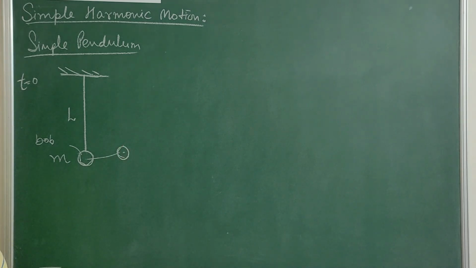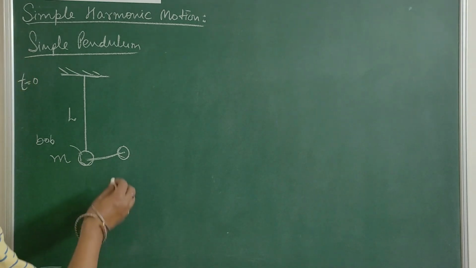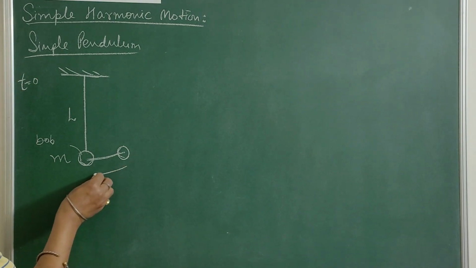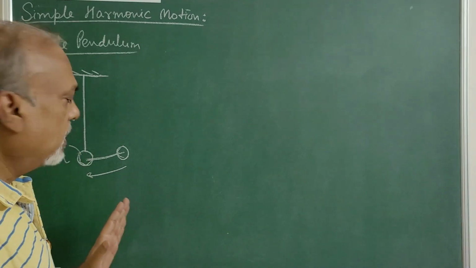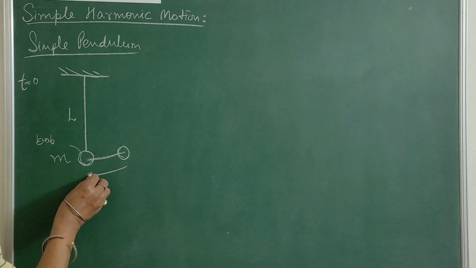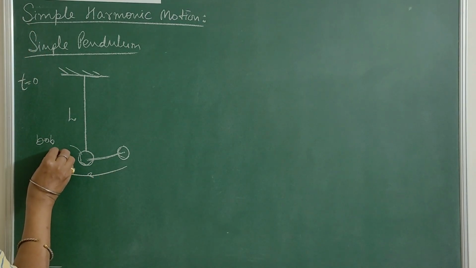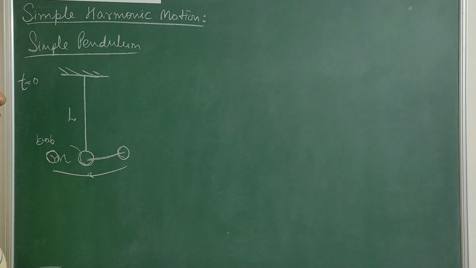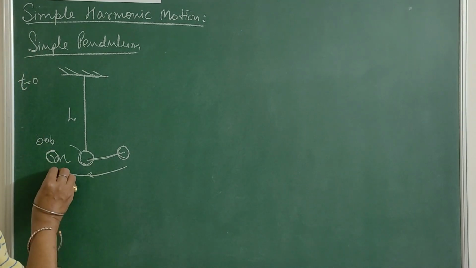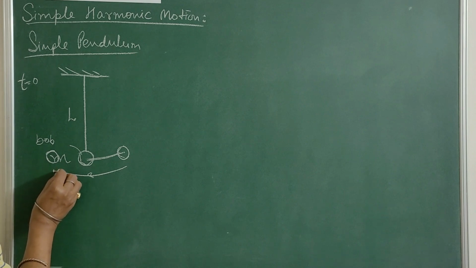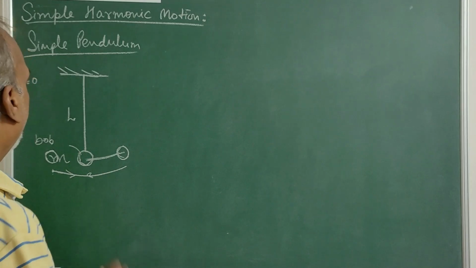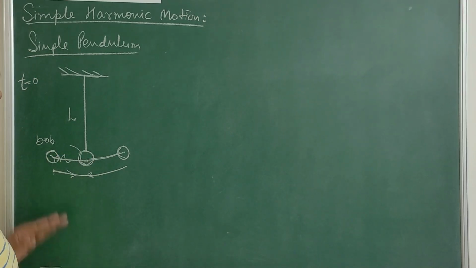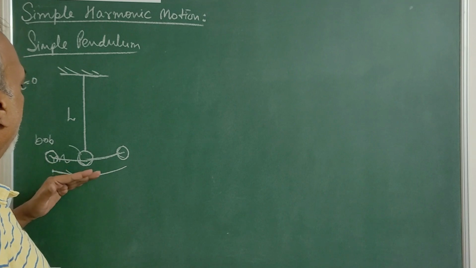Correct? It will go to some distance and then it will come back and it will not stop here. It will go further due to inertia and it will have a new position as here, and then it will stop here and then it will go back again in the rightward direction.